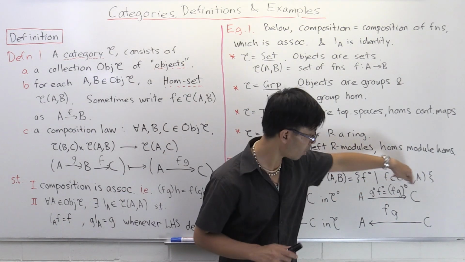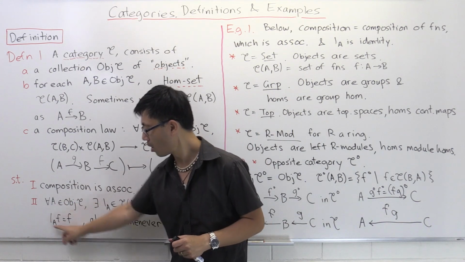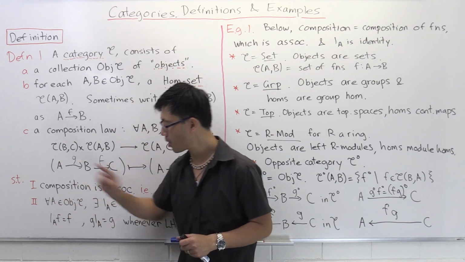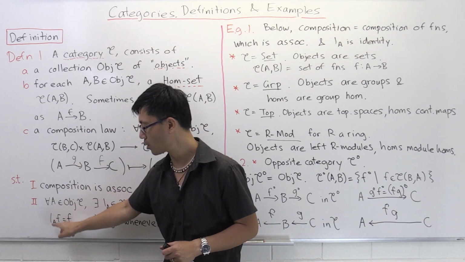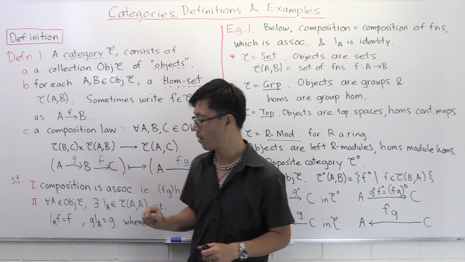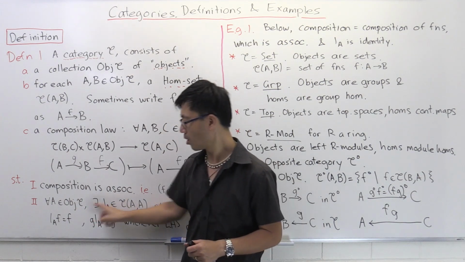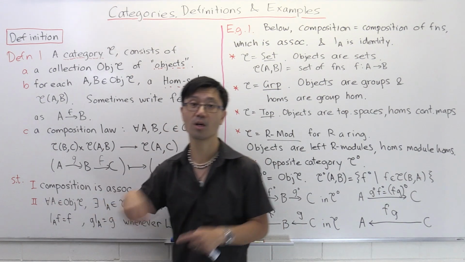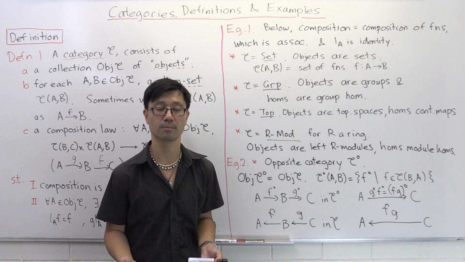If you look at the opposite of this FG, you swap the order, so you can take the opposite copies of these two morphisms on both sides, so you get F opposite on the left composed with 1A opposite on the right. That gives you this equation, and then the opposite of this will give you this equation. So in this case, the identity axiom also holds.